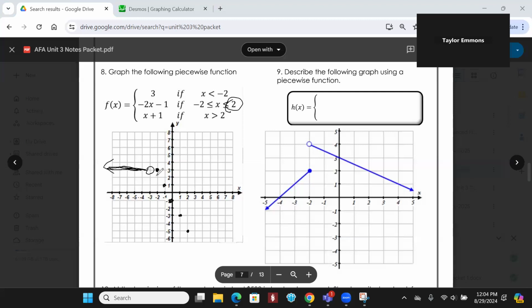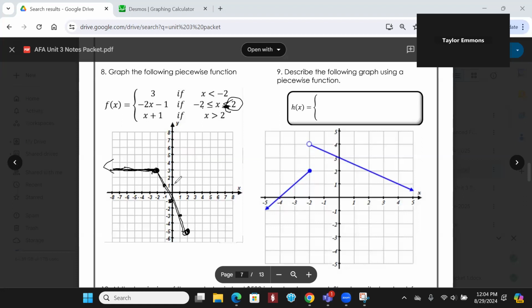That goes until -2. Sorry, I missed that thought. Let me fix that. Okay, so that means that this little dot right here is now going to be shaded in because these just happen to have the same y value. Okay, we're going to draw a straight line. And remember, this one has a filled in dot too because it has a line underneath.